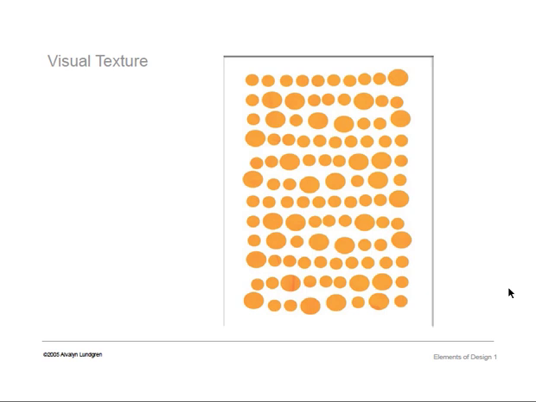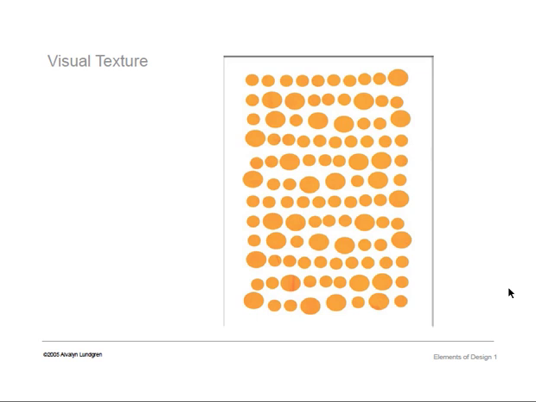Visual texture will be what we perceive on something that has physical texture, but we can also create a visual texture through pattern making. And the pattern that we create on a surface may not have the same texture as the surface physically. So visual texture can even contradict the physical texture.